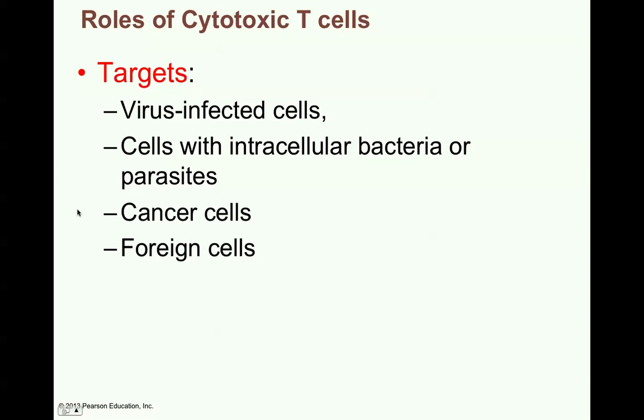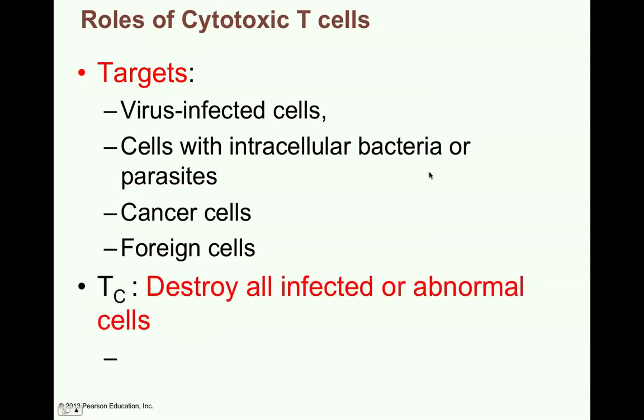Also a cancer cell, which is an abnormal cell, or a foreign cell, like with some type of tissue transplantation. The cytotoxic T cell targets all of these types of cells. The cytotoxic T cell destroys all infected or abnormal cells.